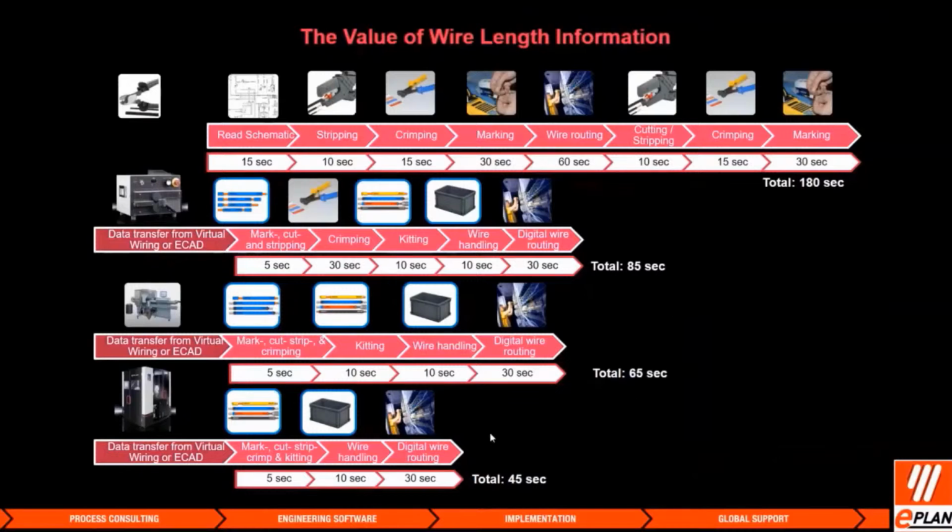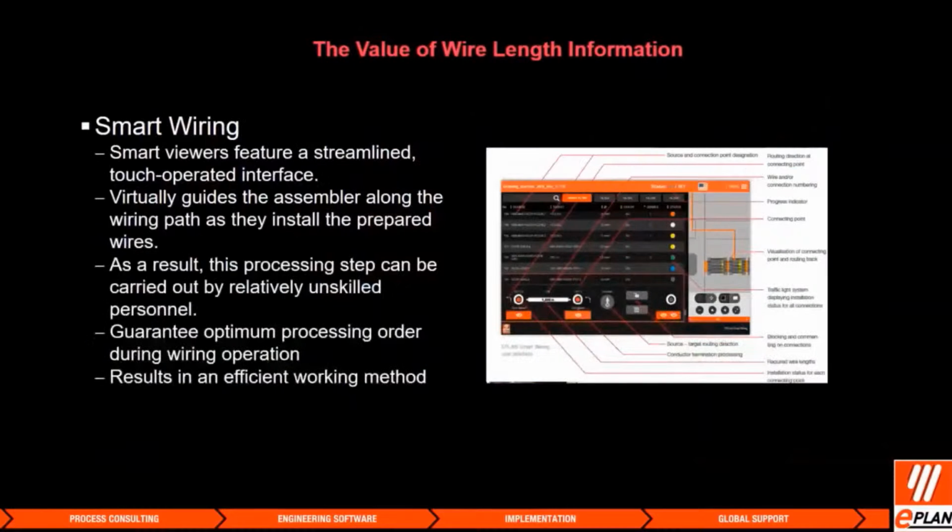But if we really go to a fully automated solution, like the wire terminal machine, we're bringing that time down to 45 seconds. And that means landing a wire every 45 seconds at the wire station. Let's take a look at what we do with that wire. As you'll see in the video, the wire is actually produced exactly in the sequence that ePlan told us to produce it in.